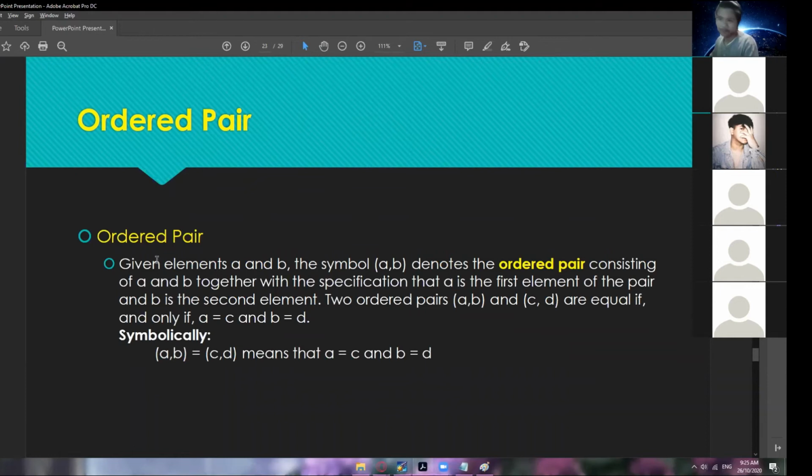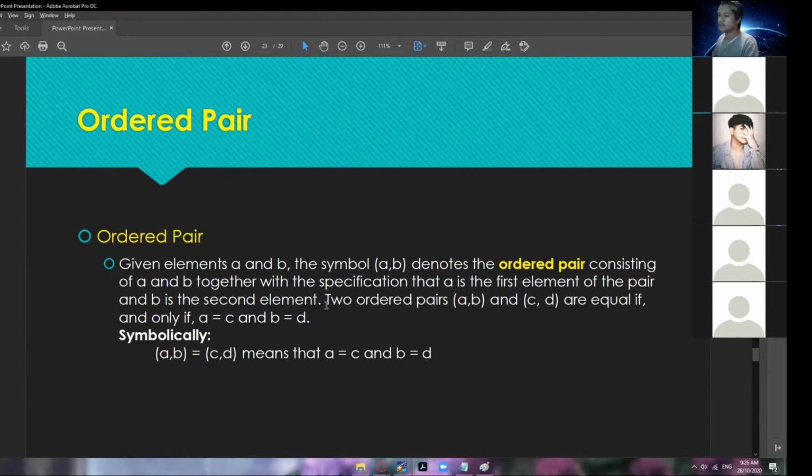So what is the meaning of ordered pair? Let's say given elements A and B, the symbol (A, B) denotes the ordered pair consisting of A and B together with the specification that A is the first element of the pair and B is the second element of the pair.